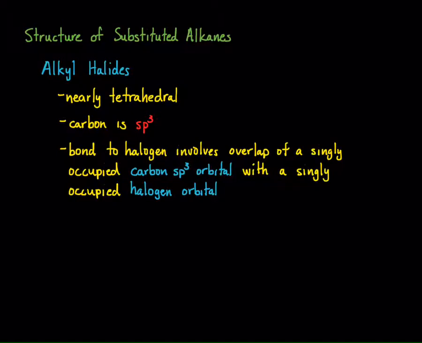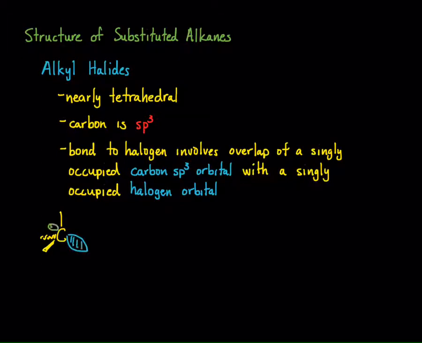The key is that halogens have one orbital that only has a single electron in it, and it is that orbital that is going to overlap with one of the carbon sp3 orbitals, right? So those are the atomic orbitals that are going to mix to form a new molecular orbital that is a sigma bond, and then a new sigma star antibonding orbital.